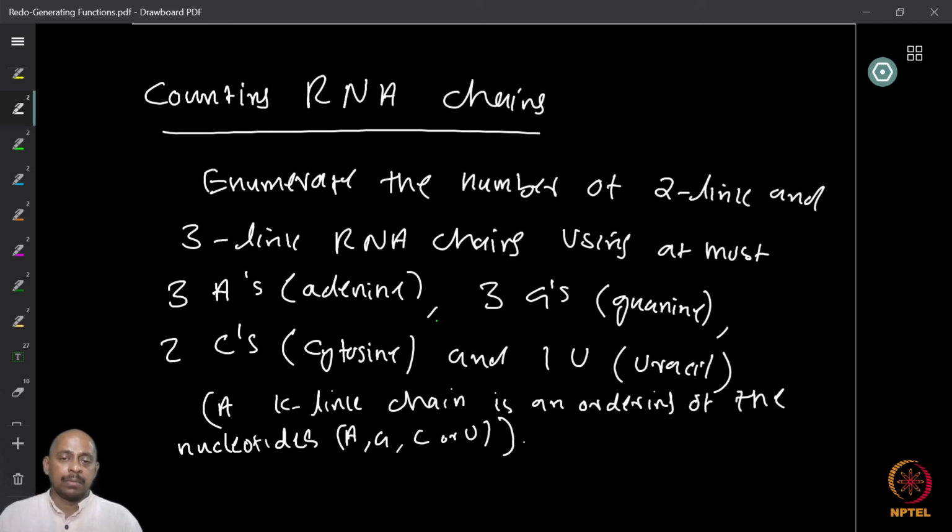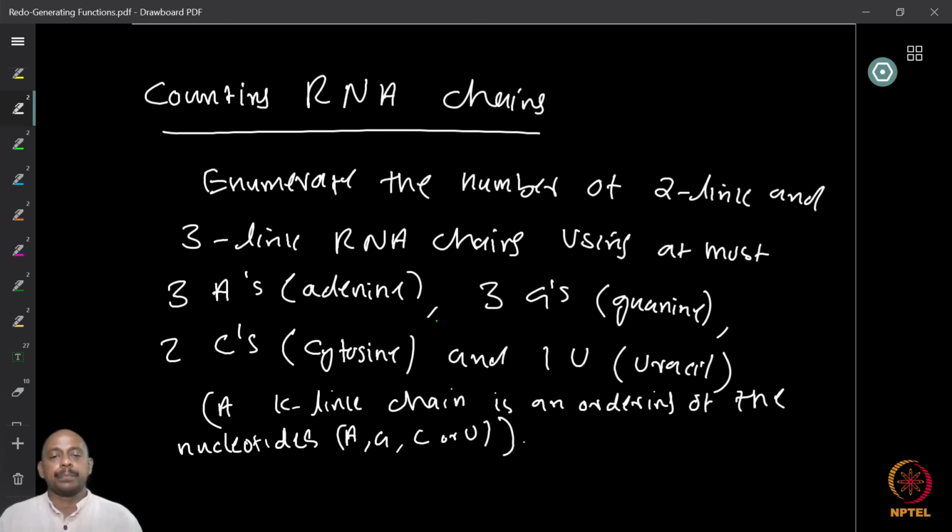So what we are going to do here is to count the k-length RNA chains, where I want to specifically count the 2-length and 3-length chains. Basically a chain is an ordering of the letters A, G, C, or U, where A, G, C, U represent the nucleotides, which are the molecules.